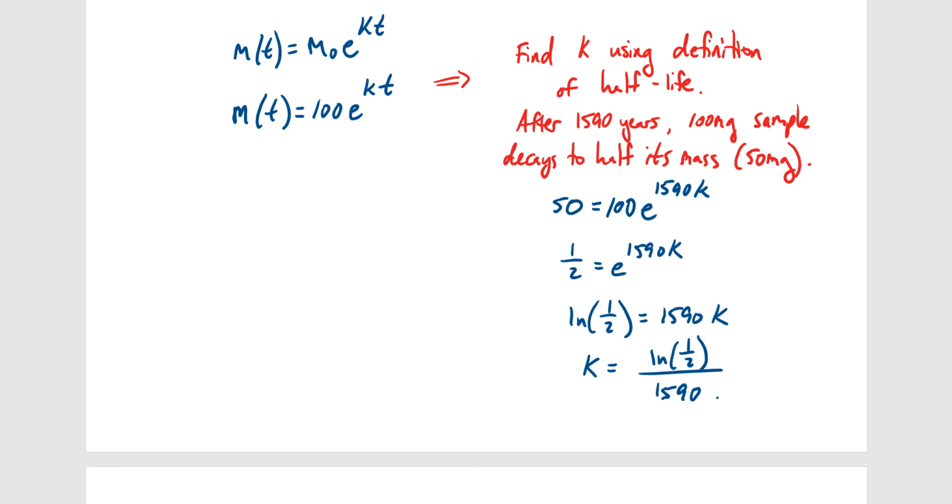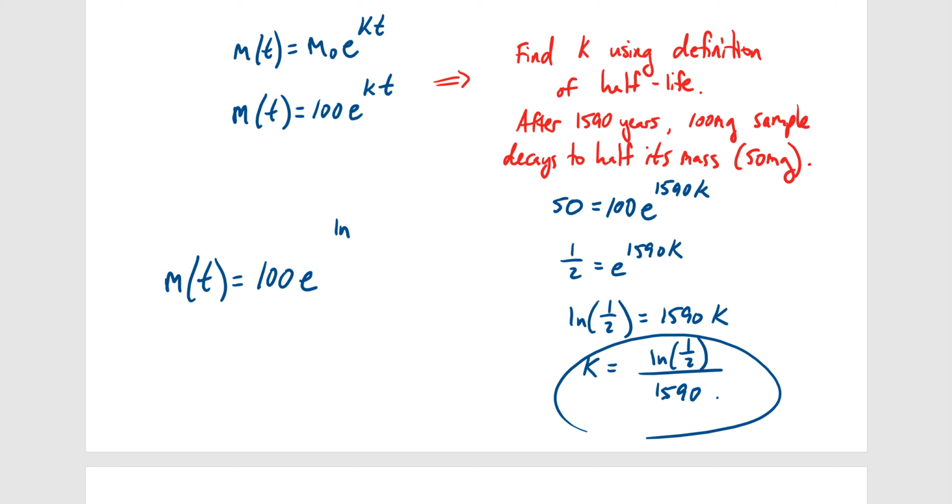So this question was asking for the formula, so we do have the formula now. It's m of t equals 100 e. I'm just going to use this for the k value. I'm just going to rewrite it as ln of 1/2 times t all over that 1590.